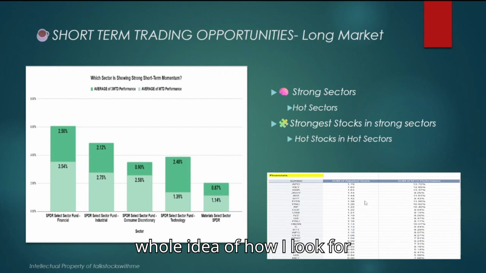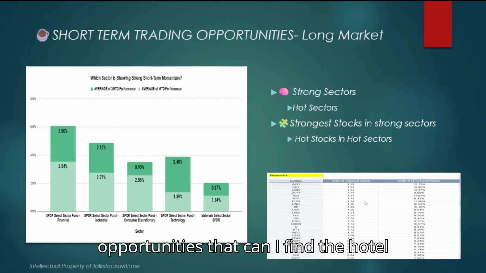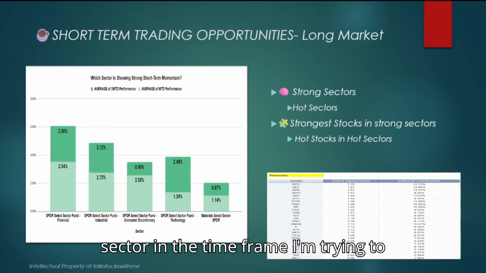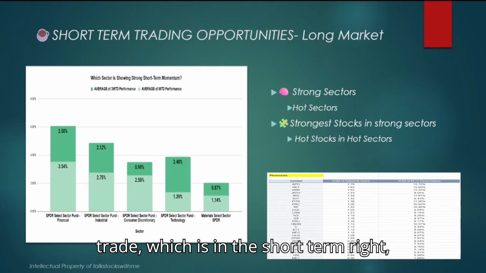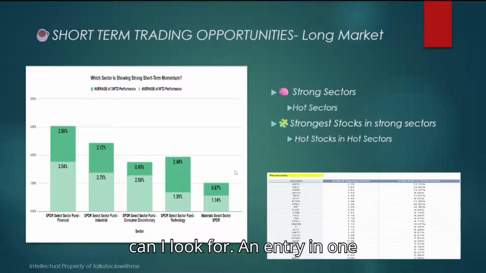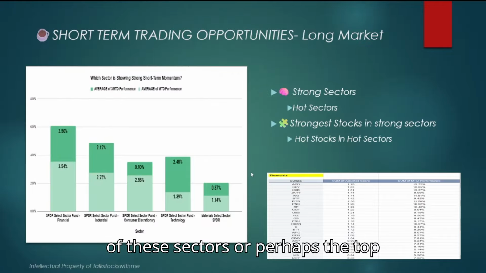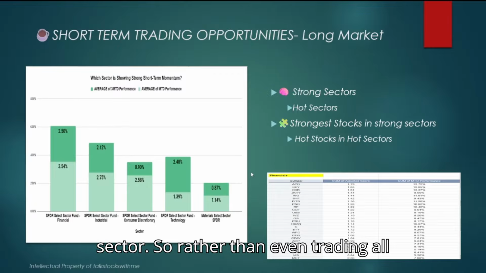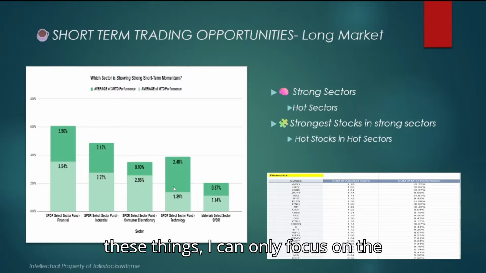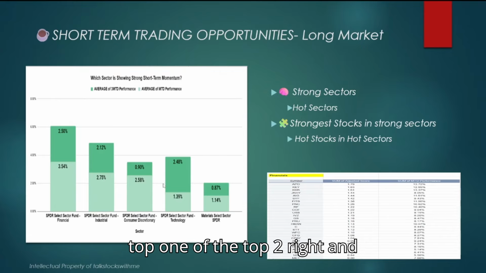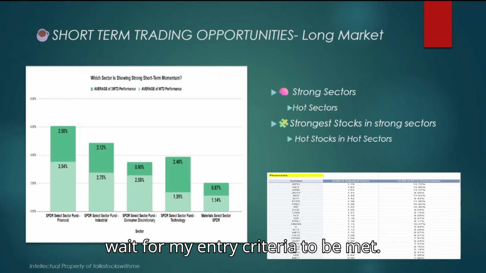So the whole idea of how I look for opportunities is: can I find the hottest sector in the time frame I'm trying to trade, which is the short term? Can I look for an entry in one of these sectors, or perhaps the top sector? Rather than trading all the sectors, I can focus only on the top one or the top two, and wait for my entry criteria to be met.